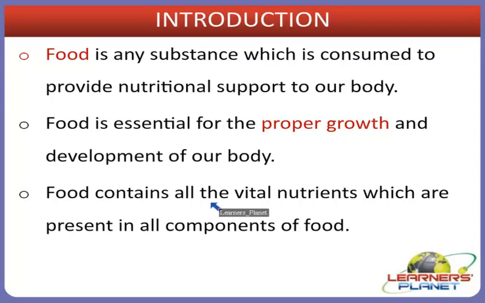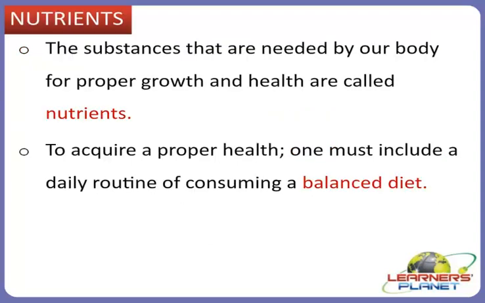Alright, so we saw the introduction about food. Now let's look at the definition of nutrients. Yes, students, so what are nutrients? The substances that are needed by our body for proper growth and health are called nutrients.